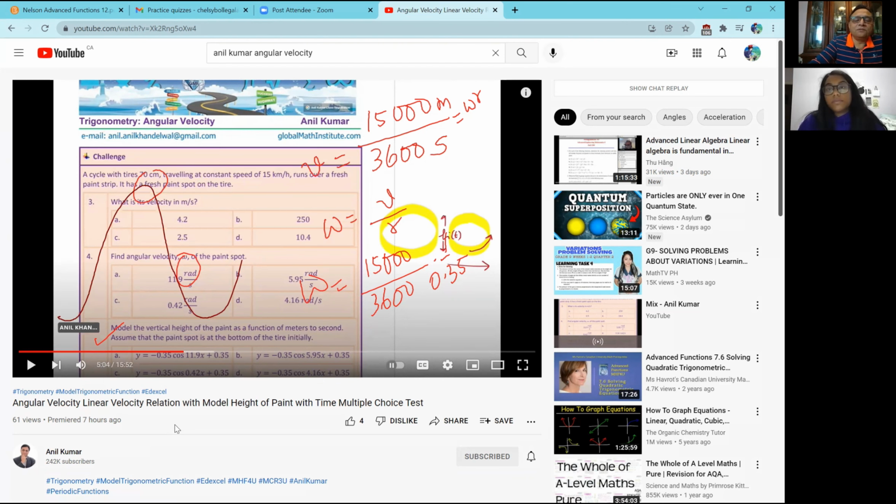And the equation will be y equals minus, because it starts from the bottom, and the radius is 0.35, cos of omega t. Omega is known to you, right? And plus the axis is 0.35 above. Do you see how easy it is to answer? So you can go further down and see the answer.